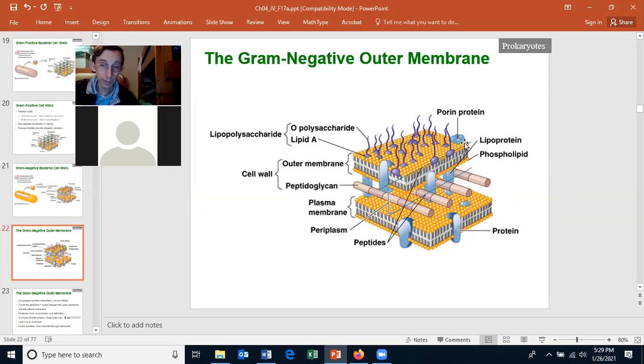Well, the porin protein doesn't move only one molecule. It's a big channel and it allows many things, but not everything, to get through. One thing that cannot move through the porin protein is penicillin G, the antibiotic penicillin G. But amino acids and glucose and nucleotides, they can move through this porin protein, and then they come to the cell membrane, because they can move right through the peptidoglycan.